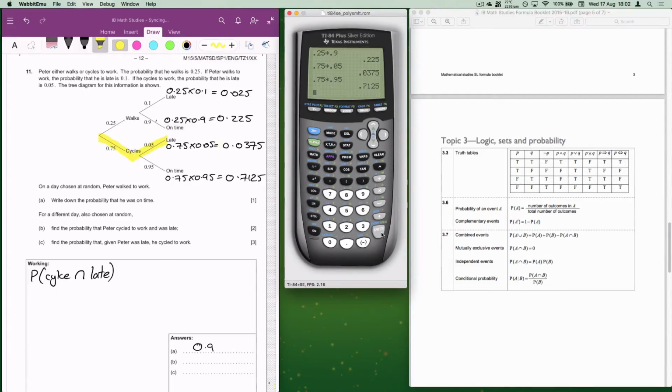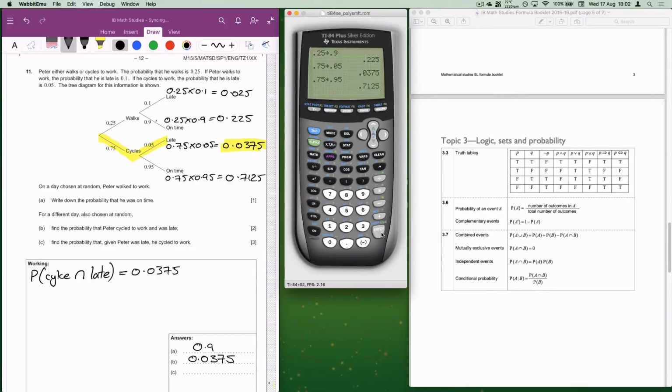So the answer that we're looking for is this one. Okay, that's our branch there. So that's actually our answer, 0.0375.